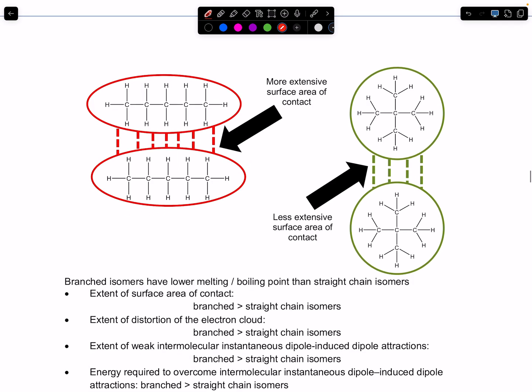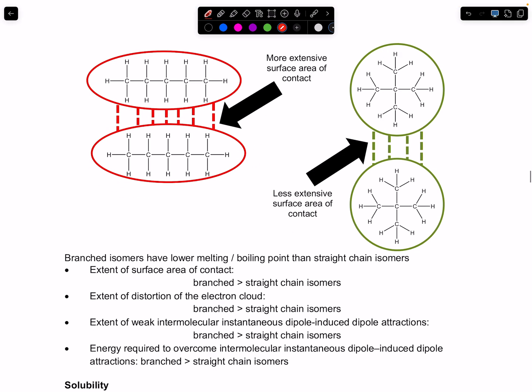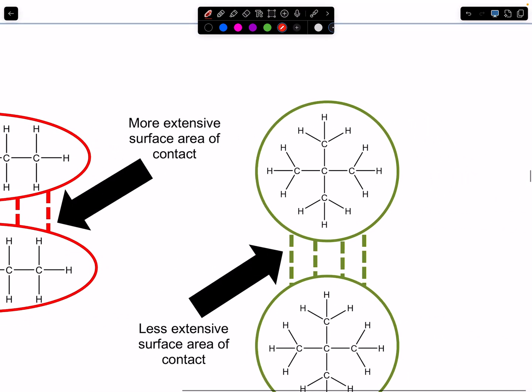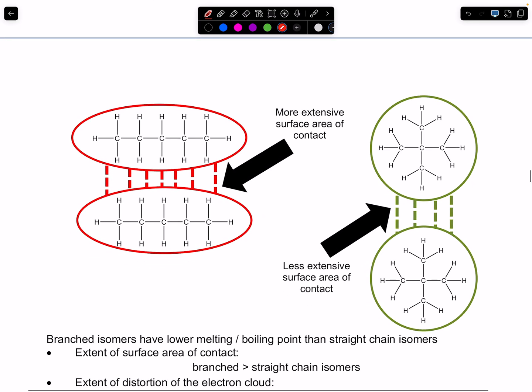Now, please remember, you can only compare degree of branching when it is a non-polar compound. We are talking about non-polar compounds, and the size of the electron cloud is the same because they are isomers of each other. Then you can talk about degree of branching, whether you are straight or branched. The more branched your molecule is, the less extensive the London dispersion forces.